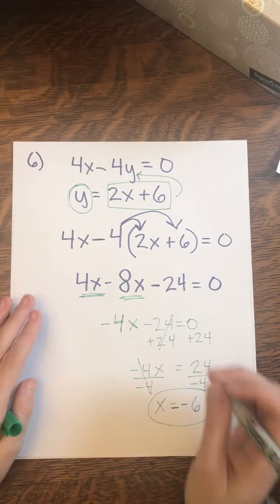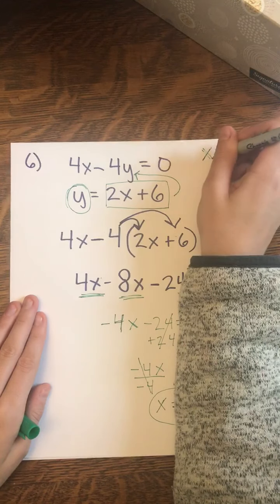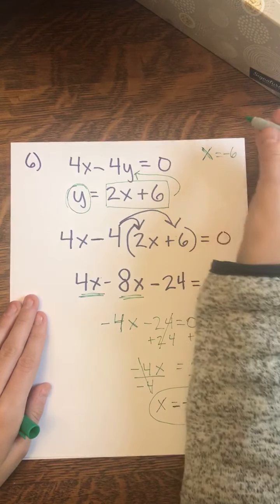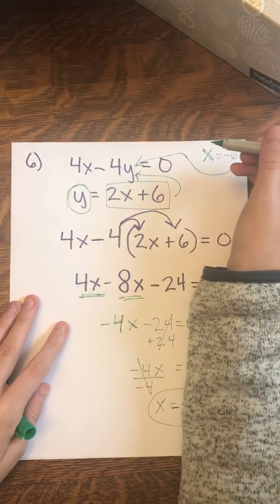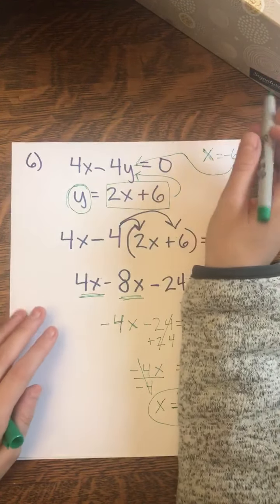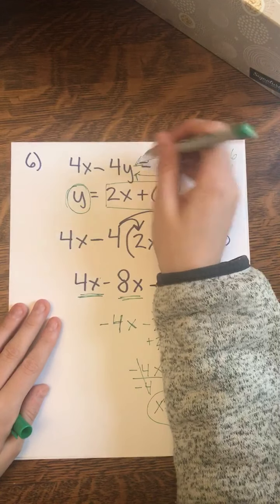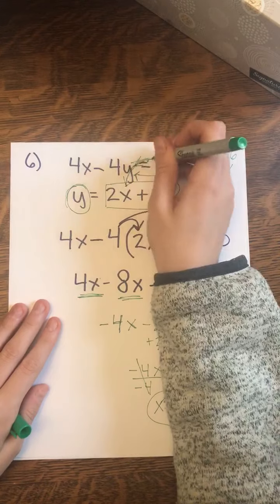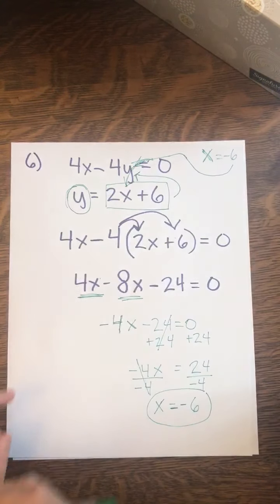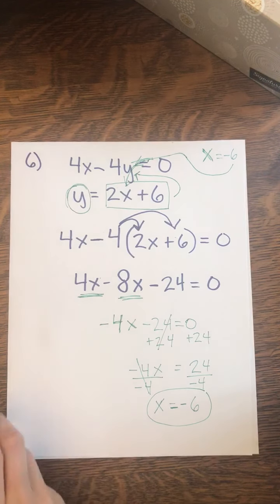I am not done yet. I found what my x term is. My x term is negative 6. And I can plug in negative 6 for x, and I can solve for y. So I'm going to use my equation y equals 2x plus 6.